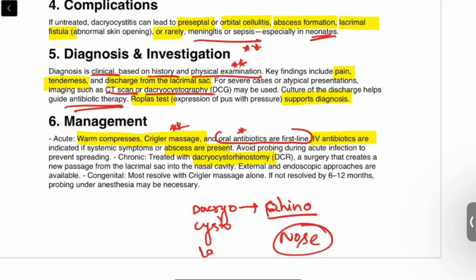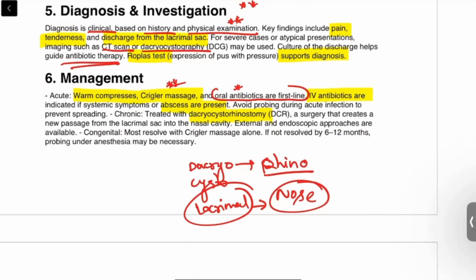So from the lacrimal apparatus to the nose, there was a normal passage, and by this surgery we will create another passage, so that whatever secretions are coming from the lacrimal apparatus will drain into the nose through this alternate pathway, and that is called dacryocystorhinostomy. It is a surgery that creates a new passage from the lacrimal sac into the nasal cavity. There are various approaches, like the external approach or endoscopic approaches, to treat this condition.